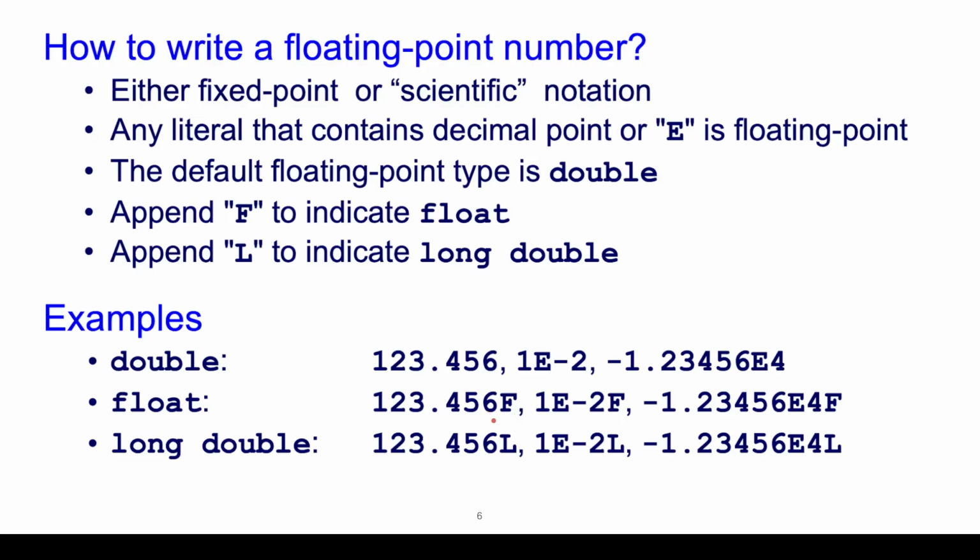When you append an f, the literal is categorized as float type, that is 4 bytes. When you append L, it indicates long double. The f can be lowercase or uppercase to indicate float, and L indicates long double. If you do not append anything, it is treated as double.